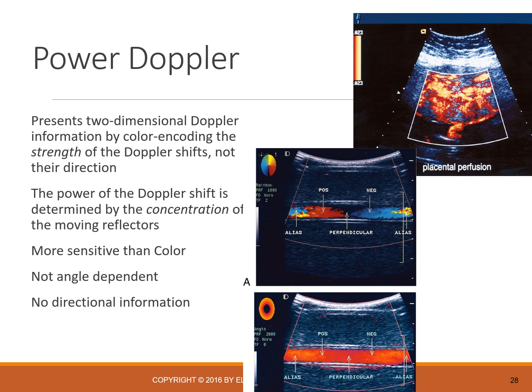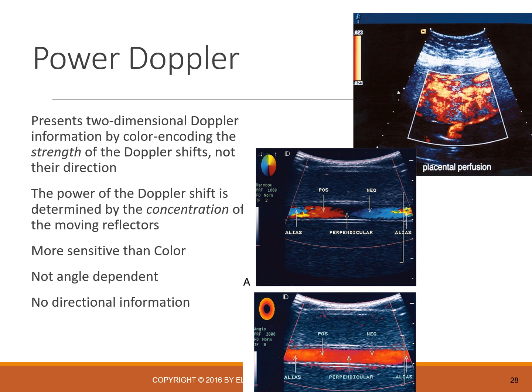But basically it represents two-dimensional color information, and rather than measuring the strength and the direction of the Doppler shifts, it looks at the intensity of the Doppler shifts. So if it gets lots and lots of movement in one area, it's going to demonstrate that as a brighter hue. And it does not show direction at all. So it shows the concentration of moving reflectors.